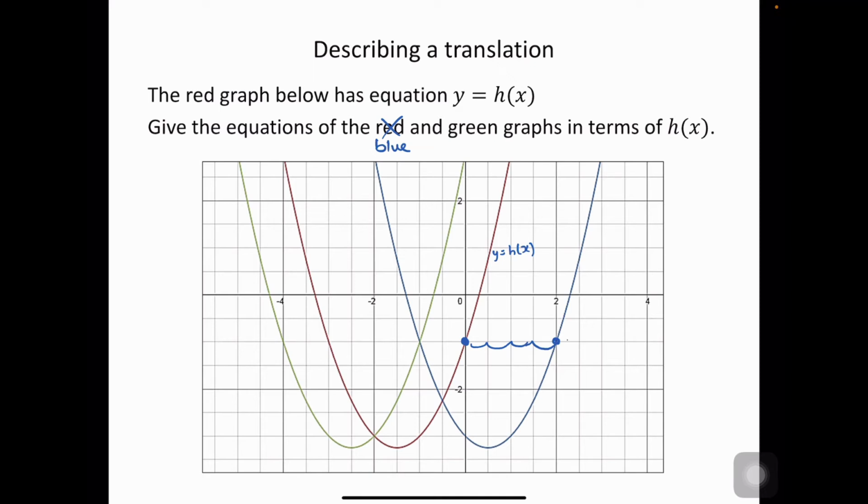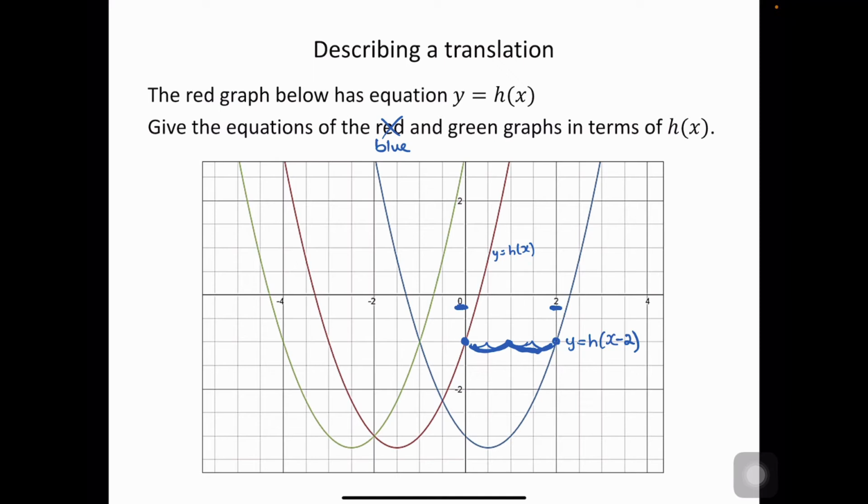So this should be y equals h of x. Remember, shifting to the right, x take away 2, because this is 0 and this is 2. I was about to write a 4 there, but I looked at the axes. Don't make these silly mistakes. I looked at the axes and I saw that these are actually 2 spaces. So 1 space, 2 spaces. X take away 2.